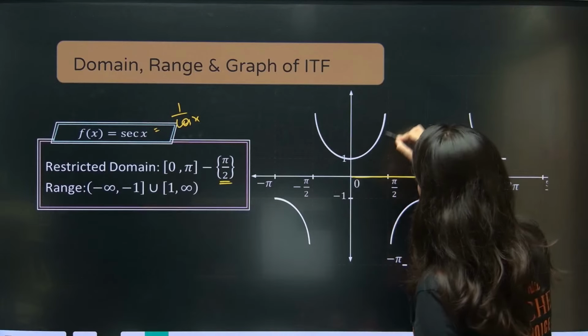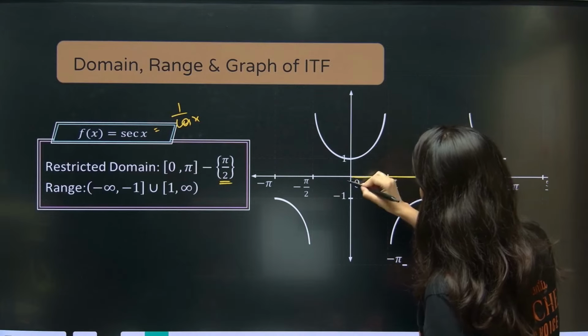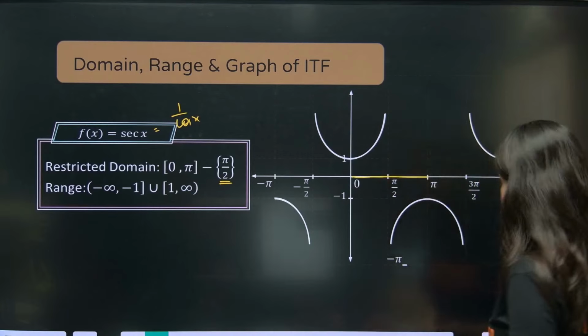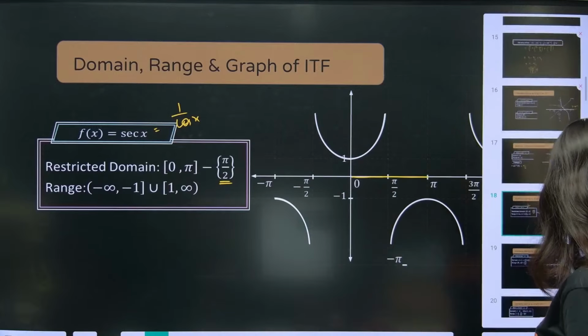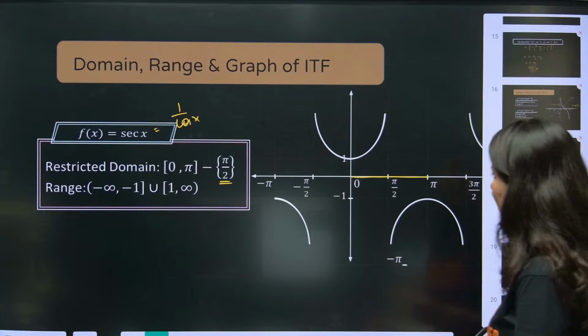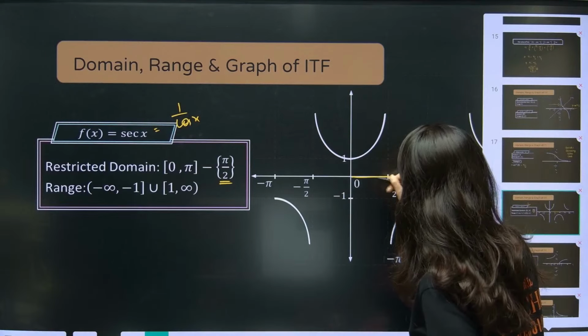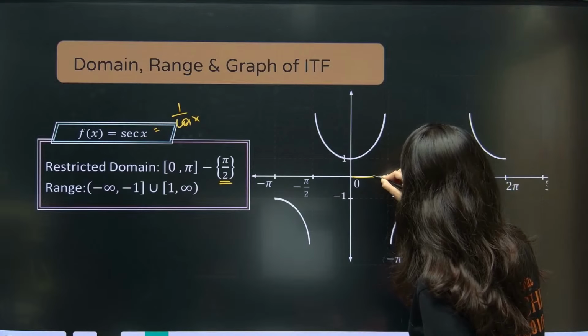So this is like this over here. Now if you take y equals x, mirror image, it will look like this. There will be 1 over here and it will look like this.